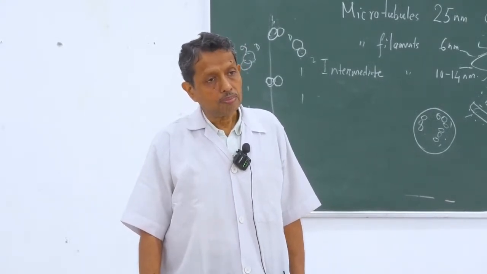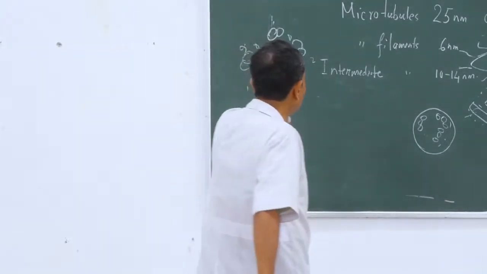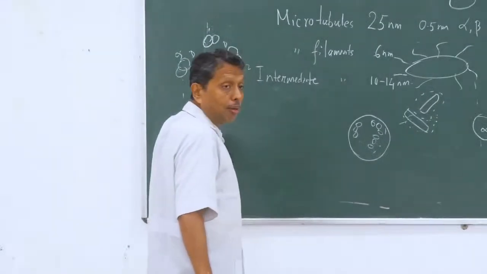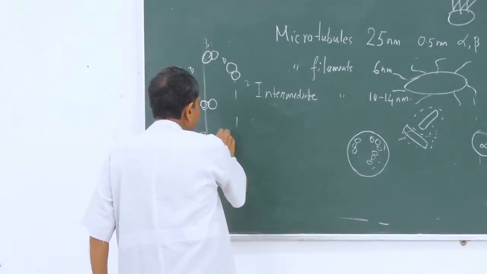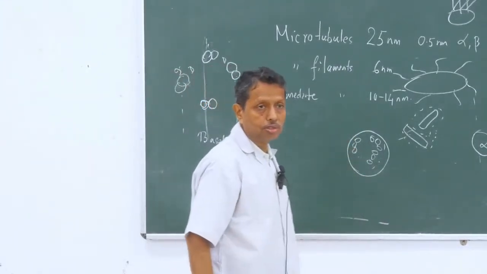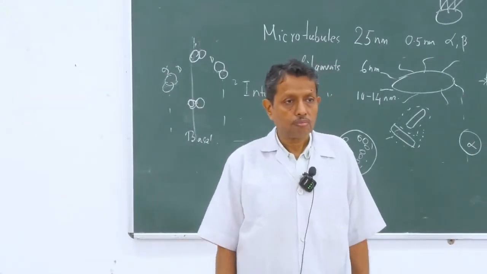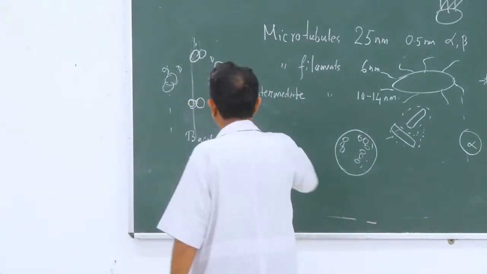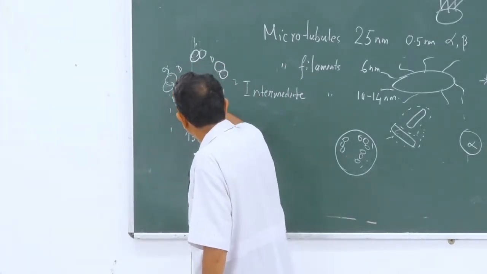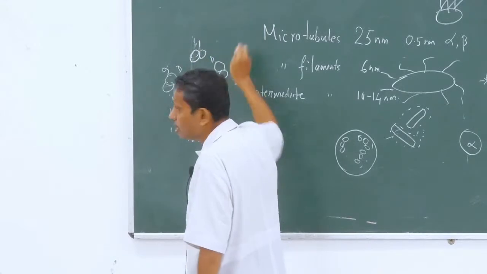The 9 plus 2 appears, and they arise from the basal body, which is equivalent to that of the centrosomes or centrioles. These dyneins work in such a way that when there is some relative movement, there is bending.